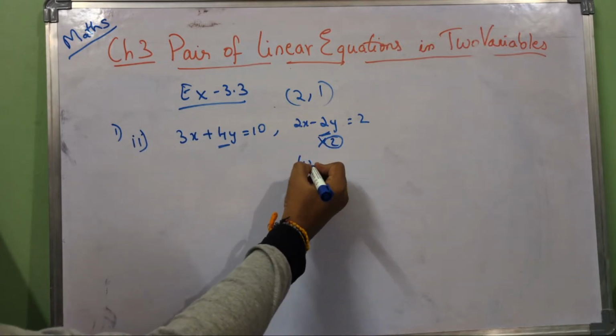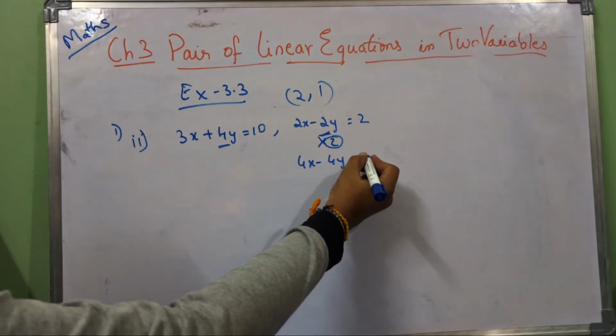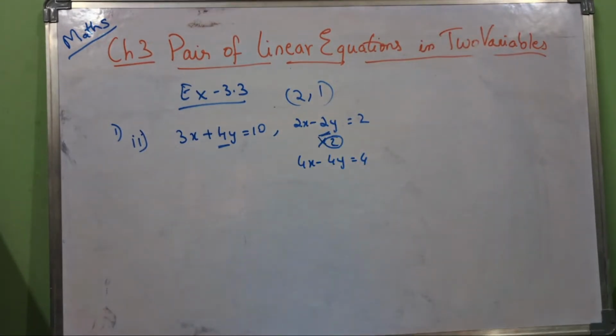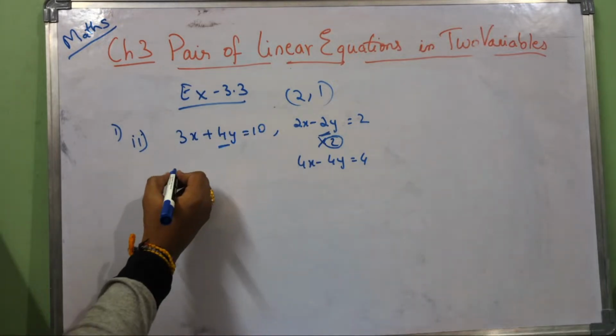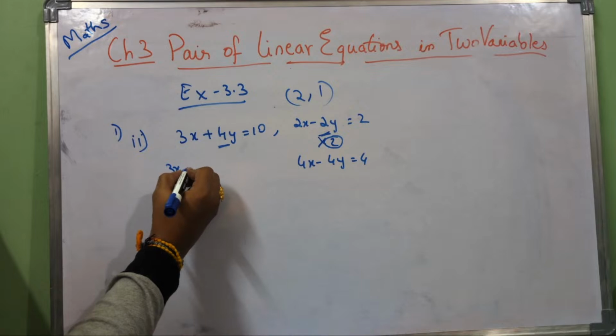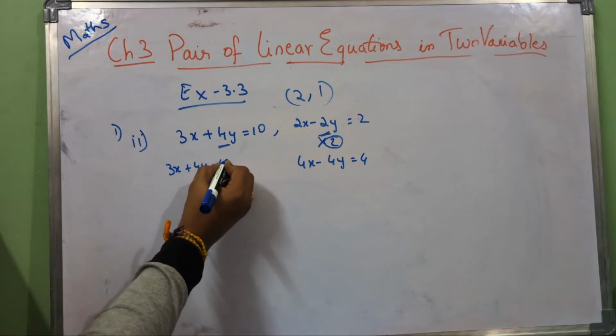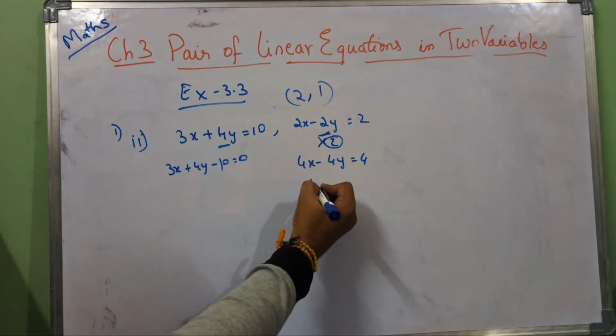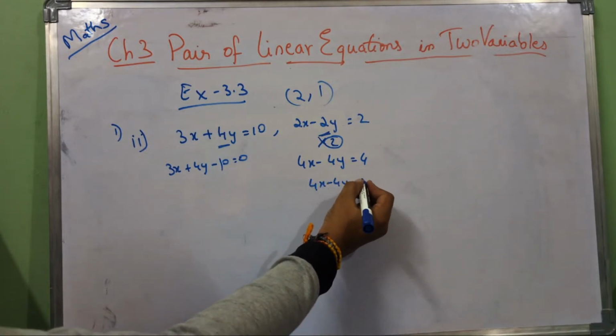Now this becomes 4x minus 4y equal to 4. Make sure you're multiplying the constant as well. Don't forget to multiply it because the whole equation you're multiplying with 2. And make sure to write in the ax plus by plus c form. So this becomes 3x plus 4y minus 10 equal to 0. This becomes 4x minus 4y minus 4 equal to 0.